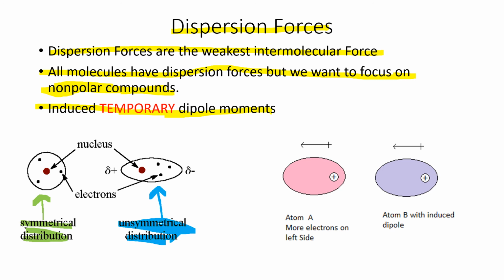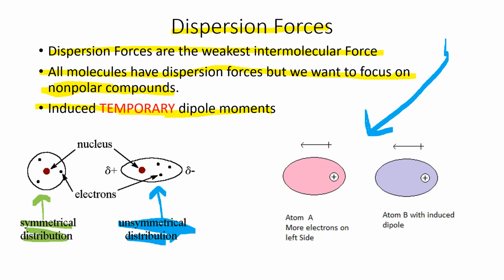So what happens is this idea of what we call an induced dipole moment. In an induced dipole moment, this is what's shown on the right-hand side of the screen now. The molecule in pink has this unsymmetrical distribution. There's more electrons on the left-hand side. Well, that's going to induce or force a change in a neighboring molecule.